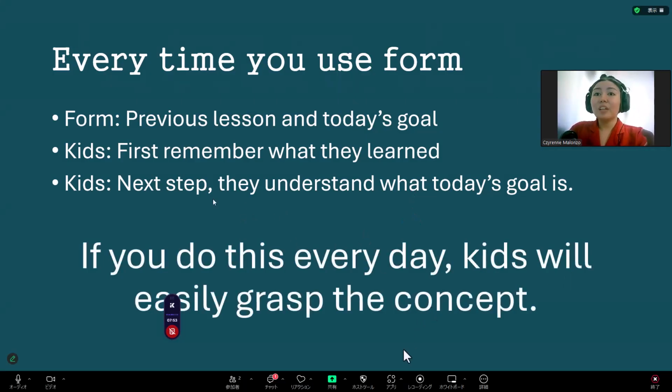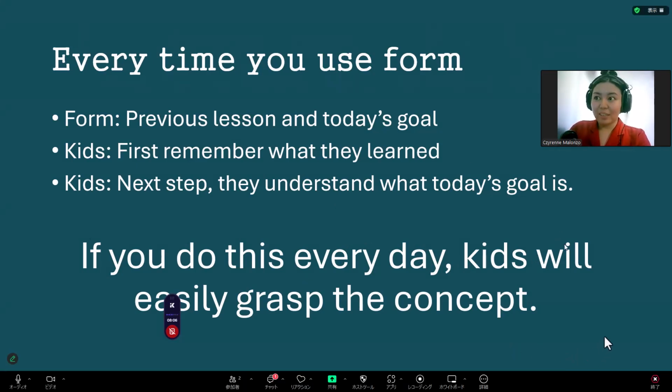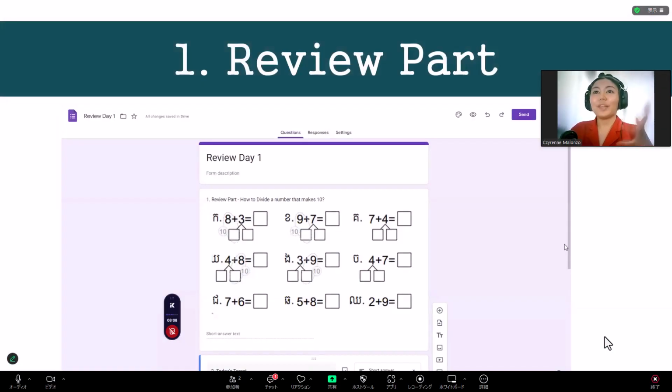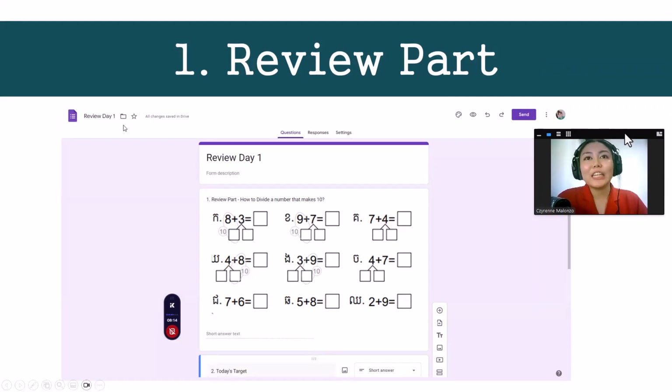So here, it is very important that you do this so that your kids will always remember the things that they are learning in your classes. So, this is how a Google form looks. The title, you can see, is Review Day 1.